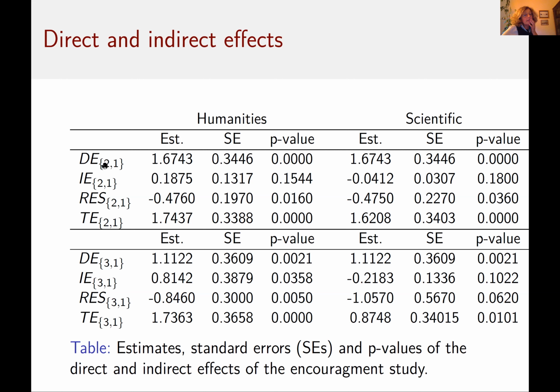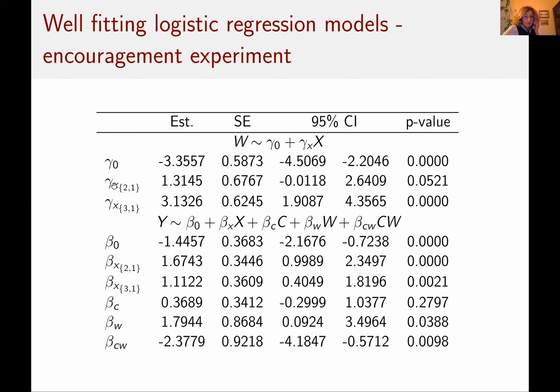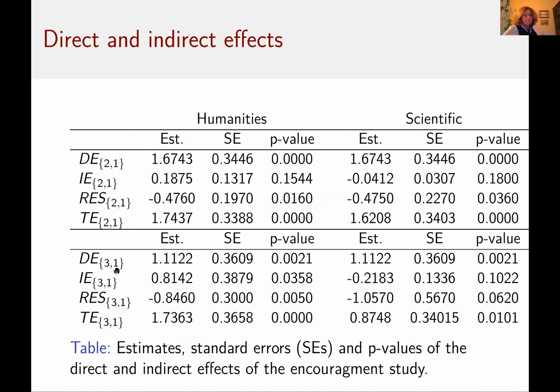And since we don't have an interaction between W and X in the outcome model, the direct effect is not only the direct effect at the baseline level, but is also the direct effect at the second level of W. So for W equal to 0 and for W equal to 1, the direct effect is the same.